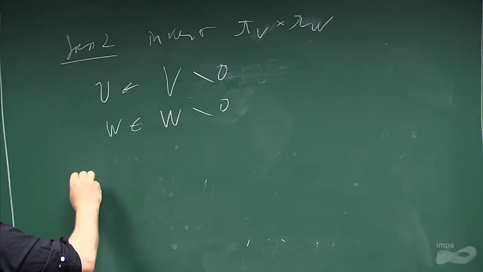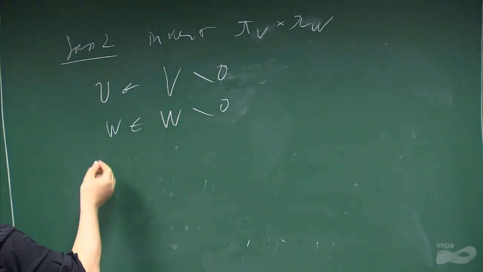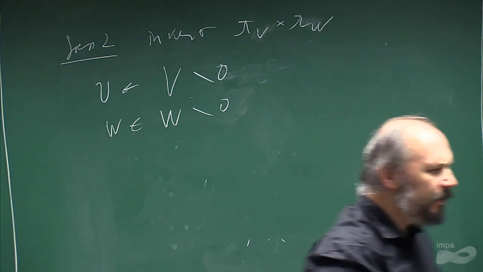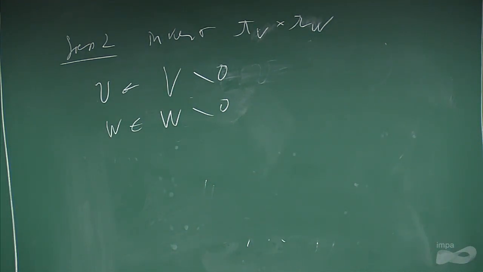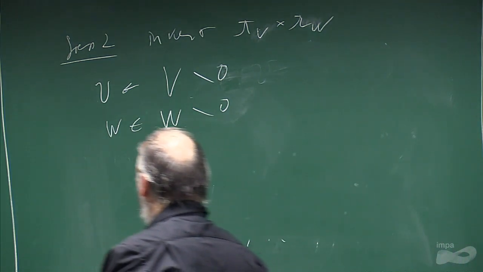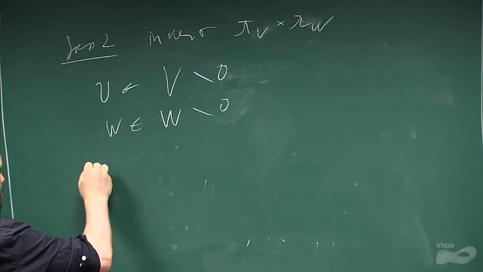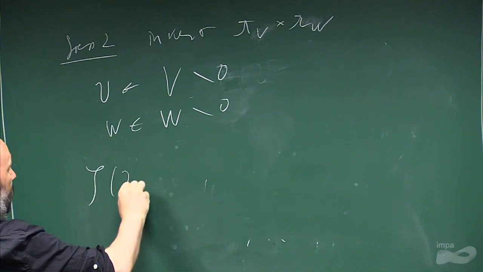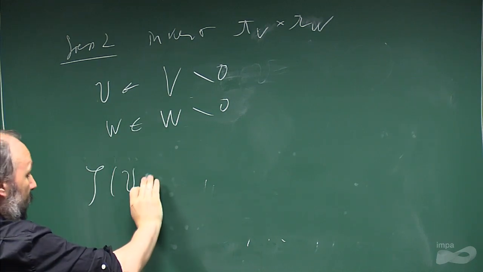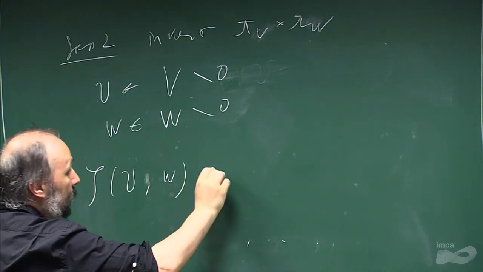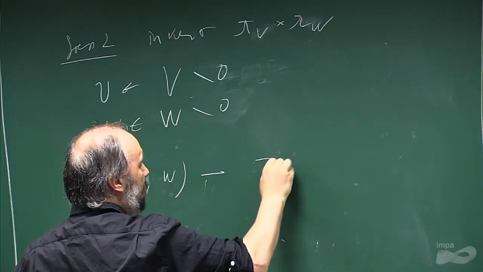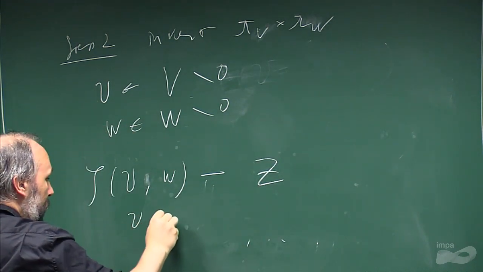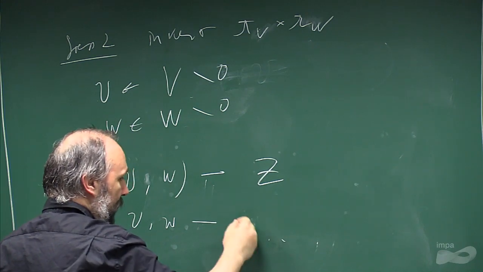Then you take, let's call it zeta, from VW to Z. You just take V, W and map it to V times W.